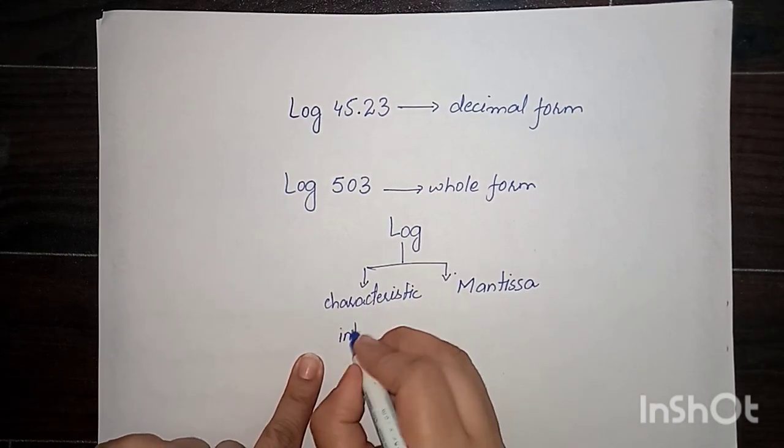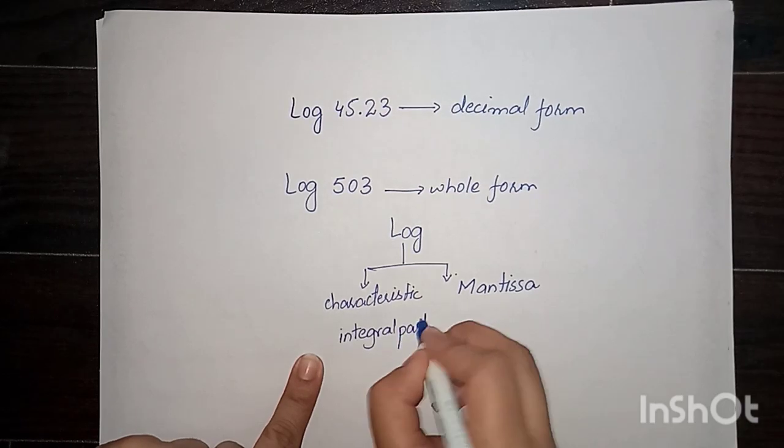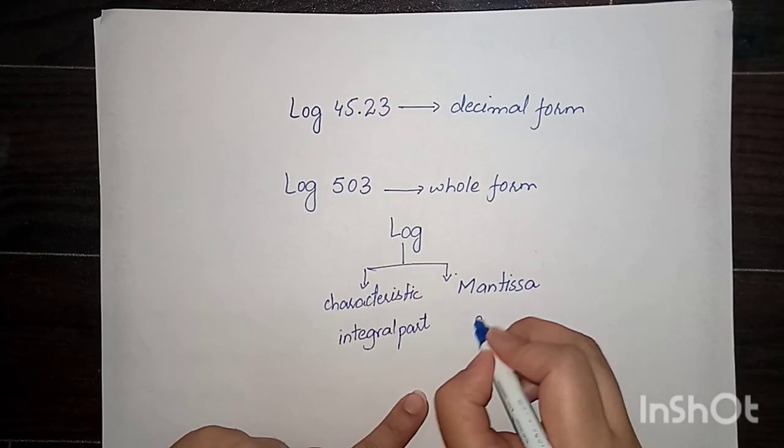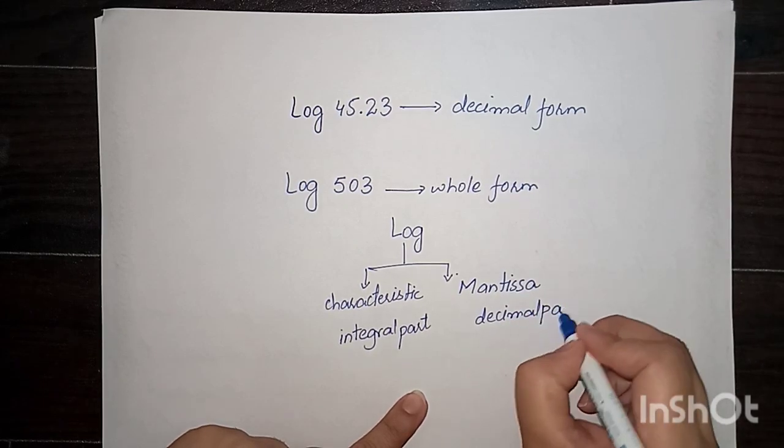Characteristic is the integral part, and mantissa is the decimal part.